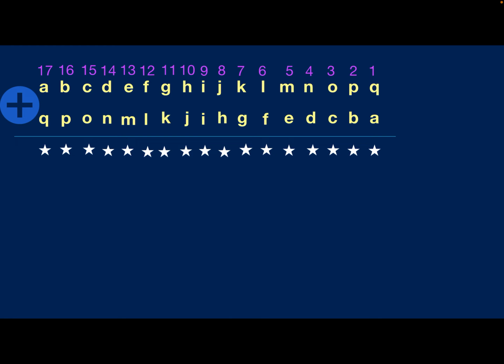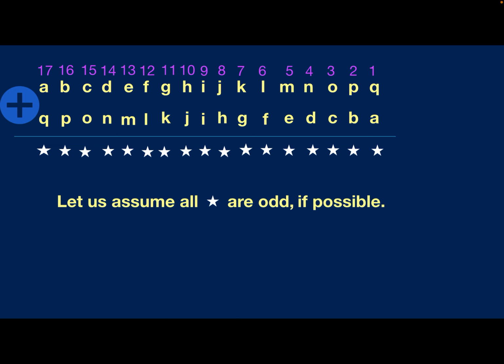So this will be our strategy. Let us go ahead. First, let us assume that all stars are odd, if possible.